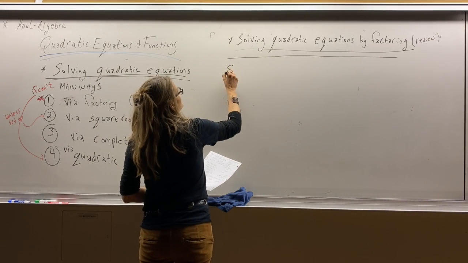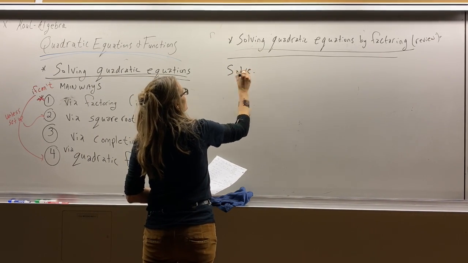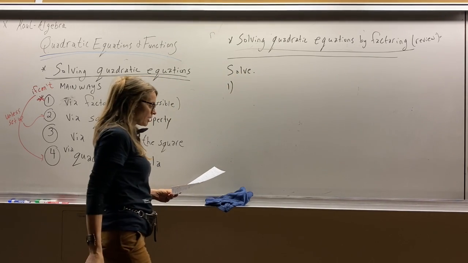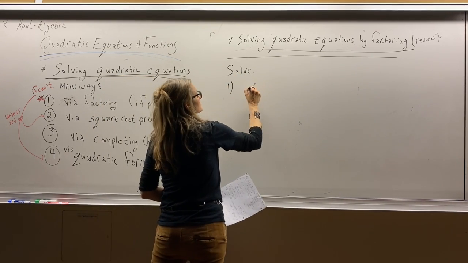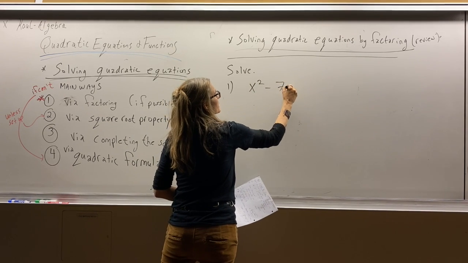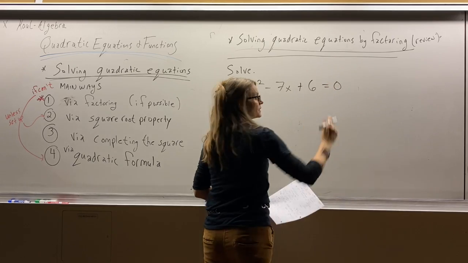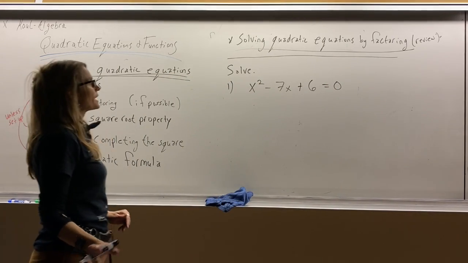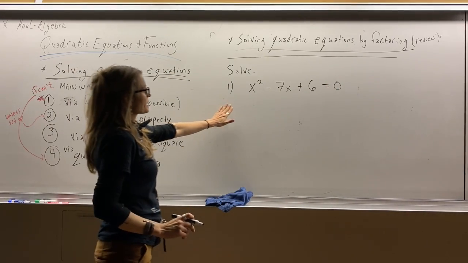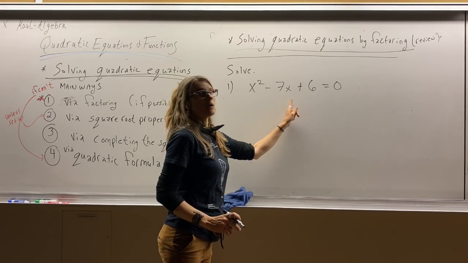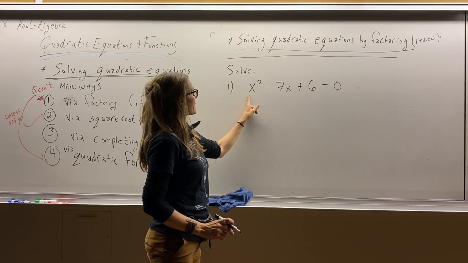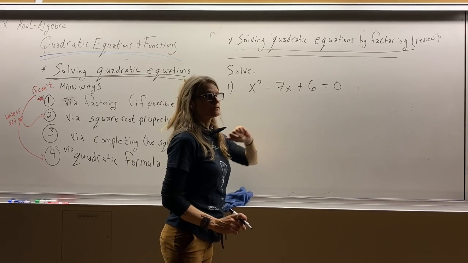Let's say I'm given a problem like x squared minus 7x plus 6 equals 0. So this should look familiar. The idea is, here we identify a quadratic equation. It's in the ax squared plus bx plus c format.